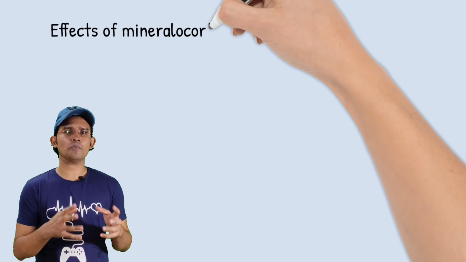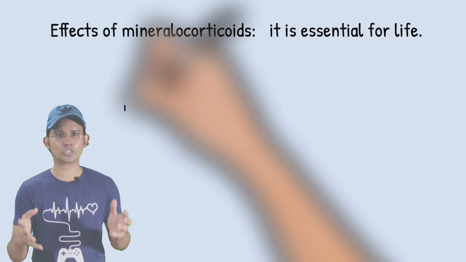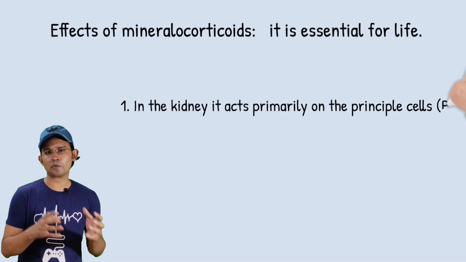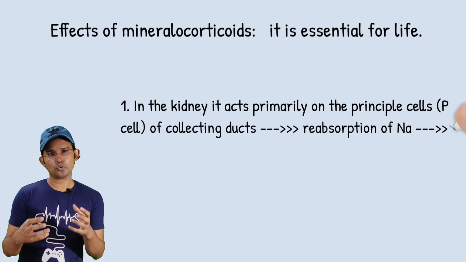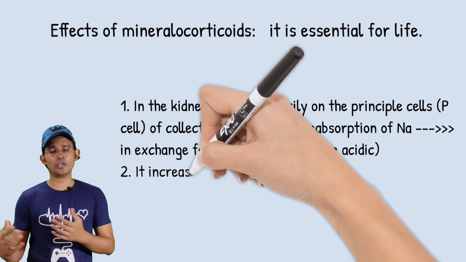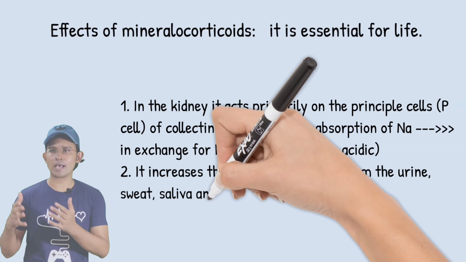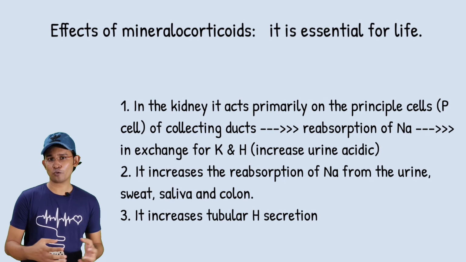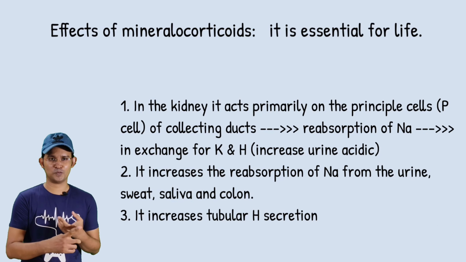Now let's talk about the effects of mineralocorticoids or aldosterone. In the kidney, it acts primarily on the principal cells, we call them P cells. That leads to reabsorption of sodium in exchange for potassium and hydrogen, which leads to increased urine acidity. Number 2, it increases the reabsorption of sodium from the urine, sweat, saliva and colon.